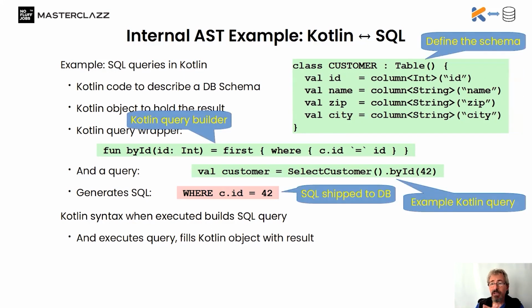So I have some sort of schema here on the right that I've written in Kotlin that describes a database schema. I have a query builder in the middle. I've written one of the query selectors. We might have however many query selectors are necessary. Then I write my queries. And the query builder will convert that into a where, c.id equals 42, as SQL, which gets shipped to the database, and I don't have to worry about SQL writing ever again.